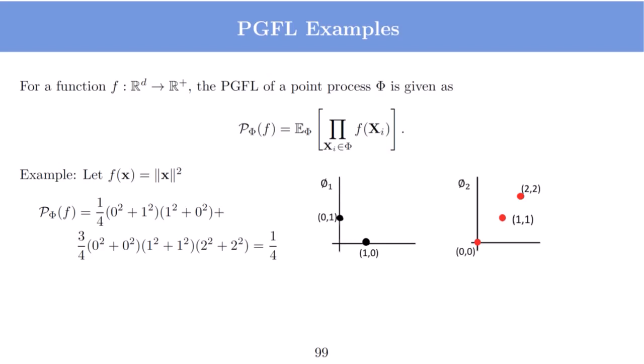Here it is 1, here it is also 1, so the product is 1. This means this product takes value 1 with 1/4 probability. Similarly here, this is 0, this is 2 and this is 8, so the product is 0. So this takes value 0 with 3/4 probability. So the expected value would be 1/4.